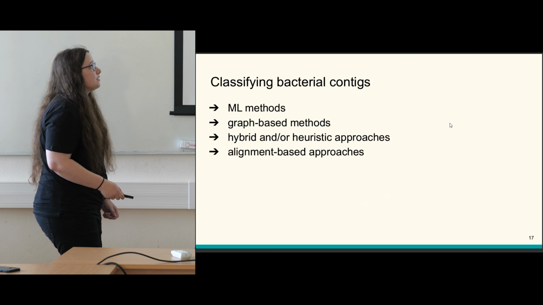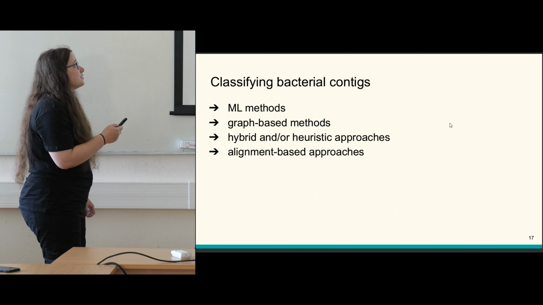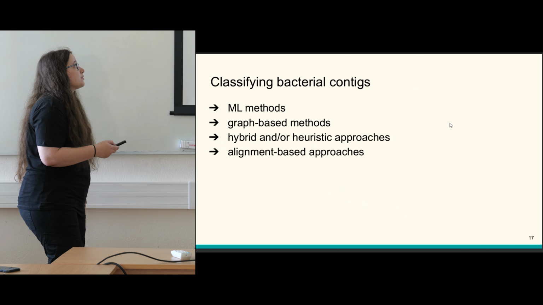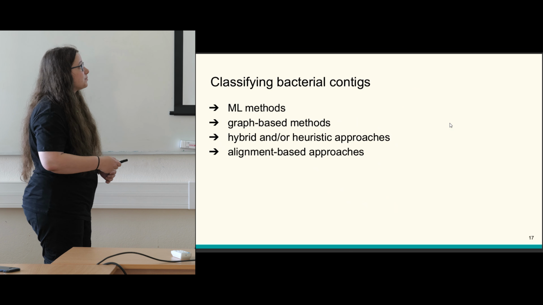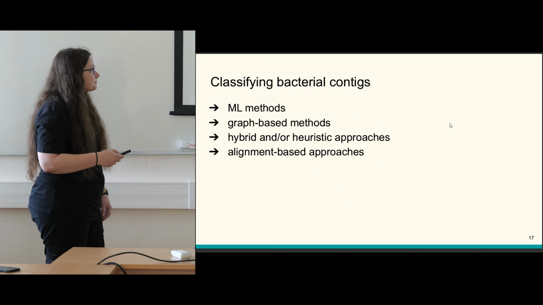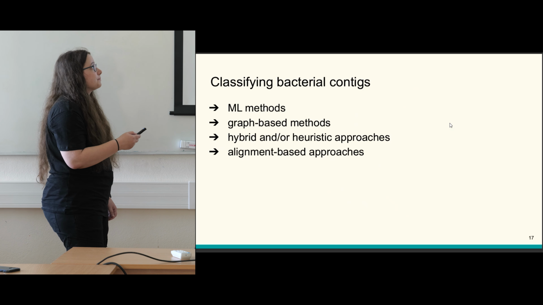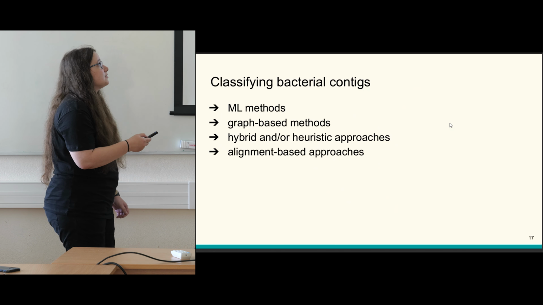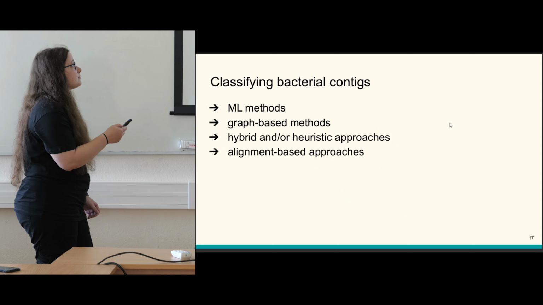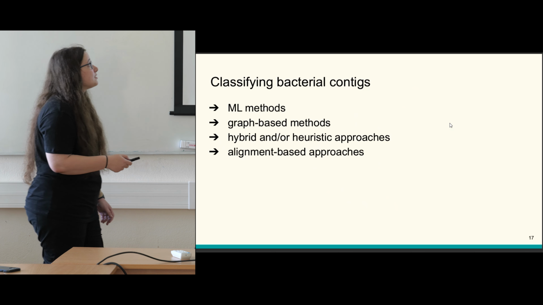So there are many approaches to how people do this. For example, there are machine learning methods which people commonly use. Then there are graph-based approaches which operate on graphs constructed from the reads and their overlaps. Then there are hybrid or heuristic approaches which commonly combine machine learning and graph-based methods, and also other heuristics.